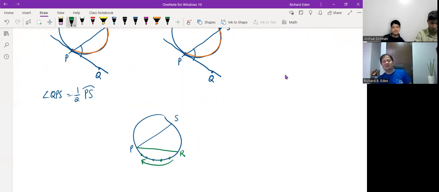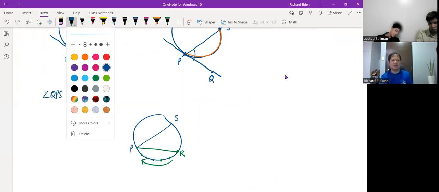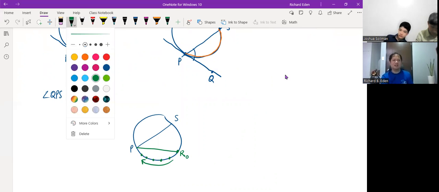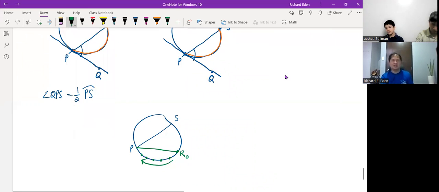Okay, so in this usual situation, let's call this arc P, and then let's call this R0. So what we have going on here is that angle SPR0 is half of arc S and then R0.